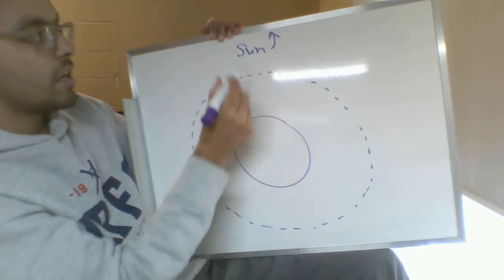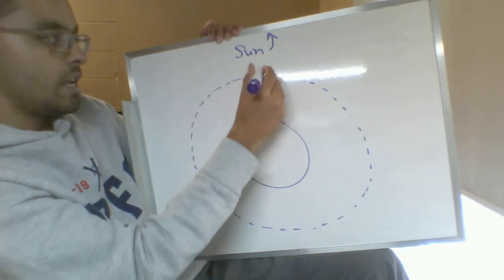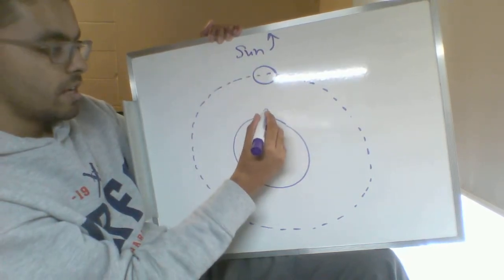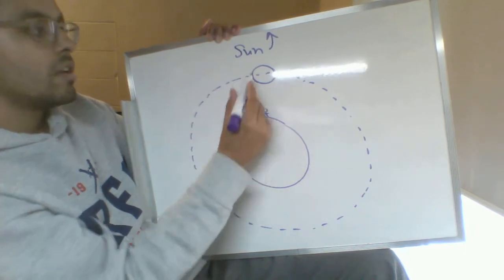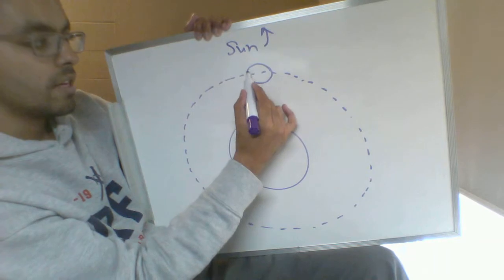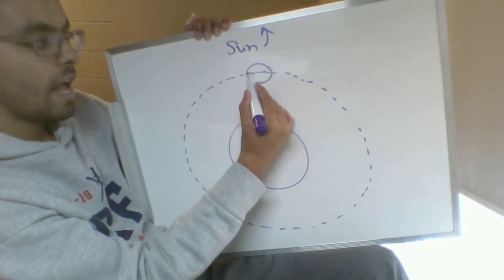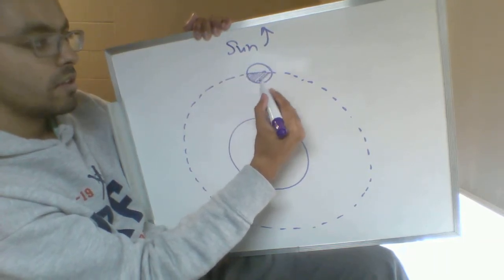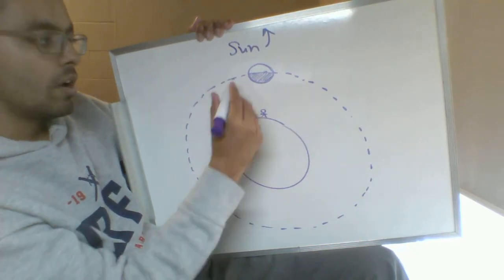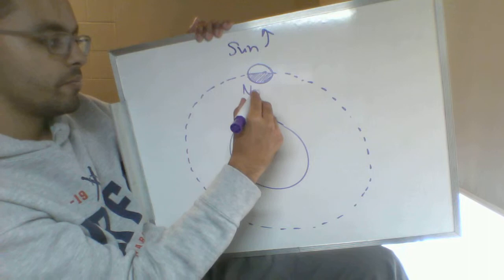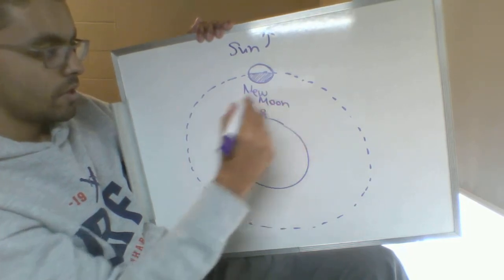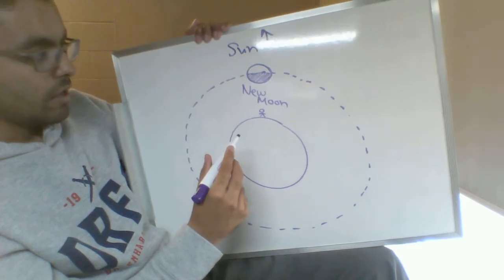If the sun is all the way in that direction, and the moon is sitting right here, then from your perspective, standing on the surface of Earth, you don't see any of the half of the moon that is brightly lit. You see the half that's in its own shadow. And to us, we call this a new moon.